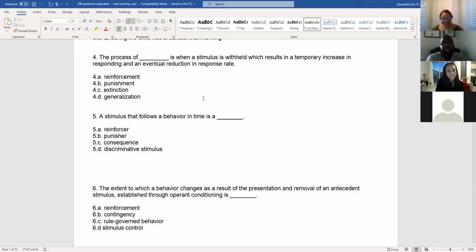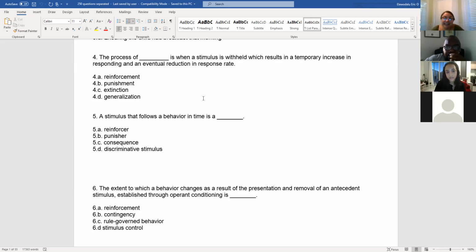The process of dash is when a stimulus is withheld, which results in a temporary increase in responding and an eventual reduction in response rates. I want to say extinction, but if it was extinction, it wouldn't be a stimulus. It would be that a consequence is being withheld, or a previous reinforcer is being withheld. But isn't a reinforcer a stimulus? It could be, but this is a bit broad because with extinction specifically, you're withholding something that was reinforcing.